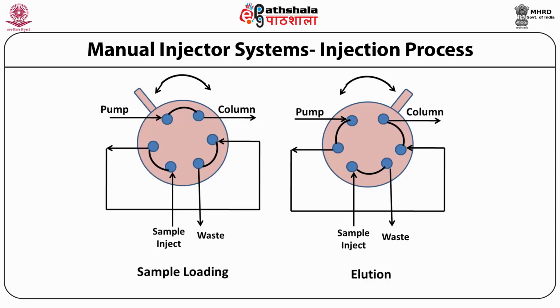Therefore, by turning to the inject position, the sample in the loop is pushed by the mobile phase stream into the column. As a precaution, some amount of sample is allowed to flow into waste from the loop so that no air bubbles persist in the loop and there is no trace left of the previously used sample. The manual injection systems are generally used for microanalytical methods.